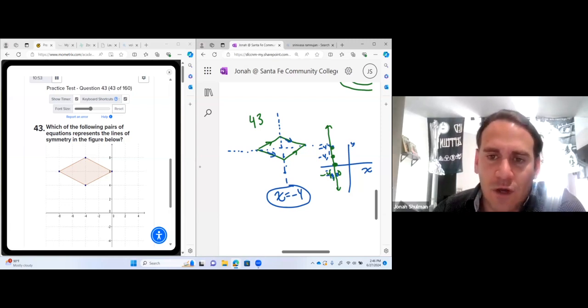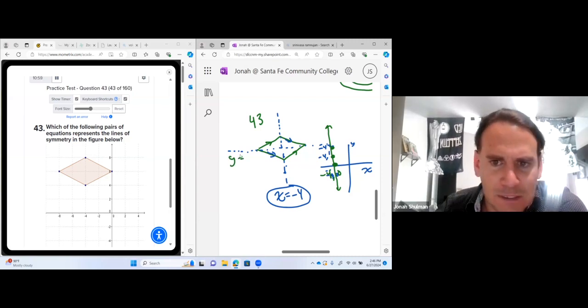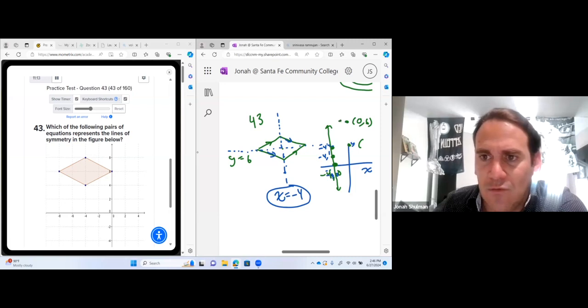The same thing for across. This is the line y, even though it's on the x-axis, this is the line y equals 6, because this is the point 0, 6. Oh, sorry, 0, 6 is up here. This is the point -1, 6.